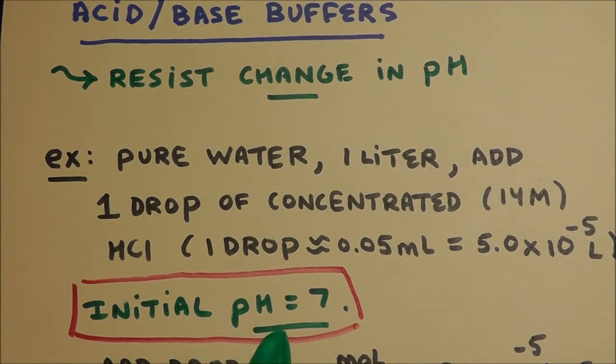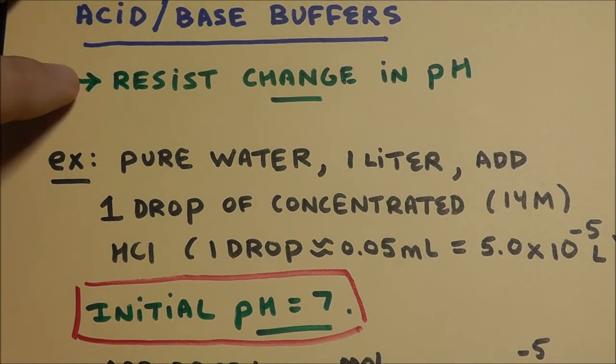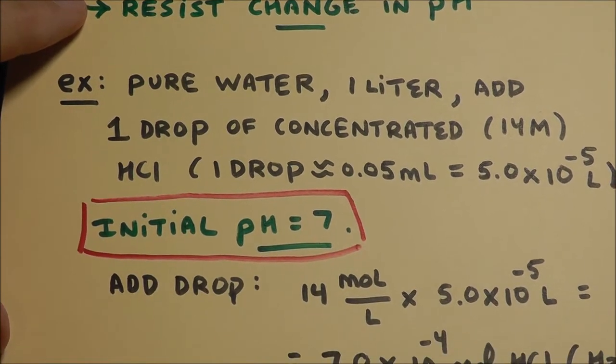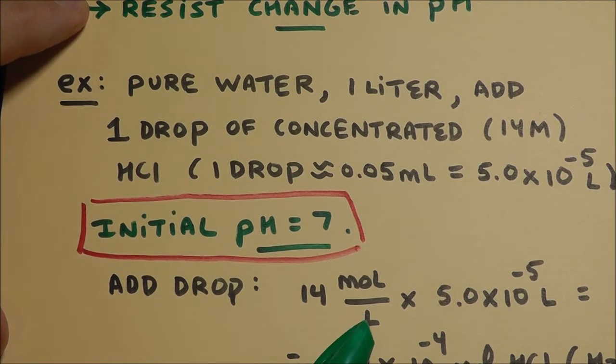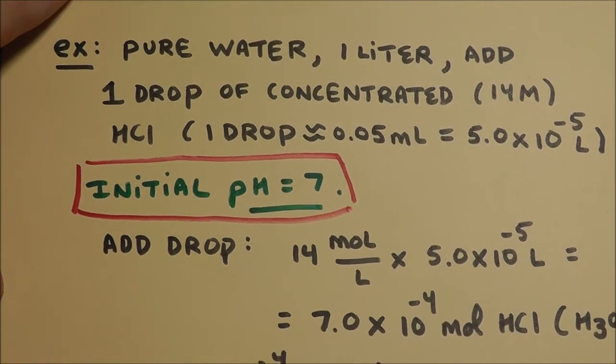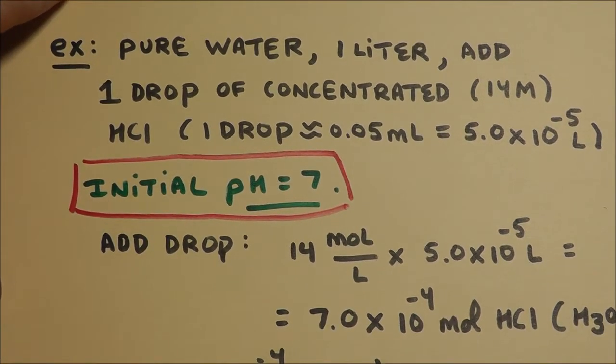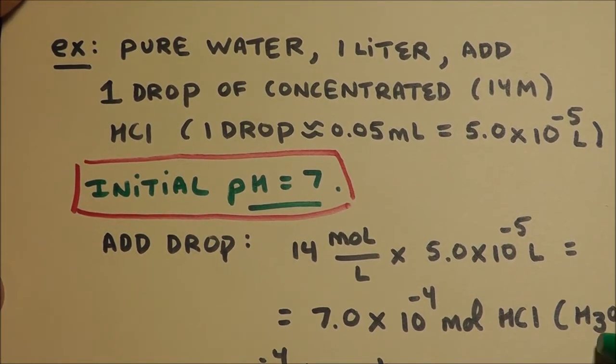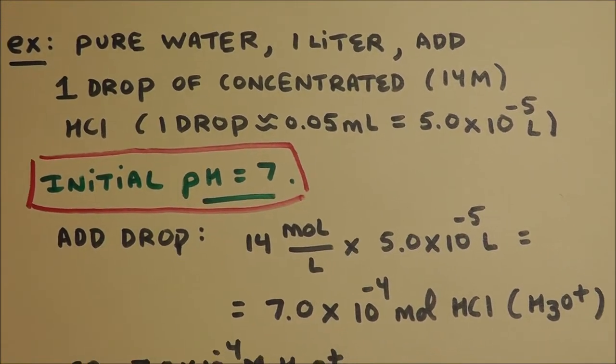Now, if it's pure water, it's going to be pH 7. And you might say, I might change it a little bit, the pH. You'd be surprised. So here's the thing. If we add the drop, and we say molarity times volume is moles, that's 7.0 times 10 to the minus 4 moles of HCl, which will then in turn produce H3O plus.